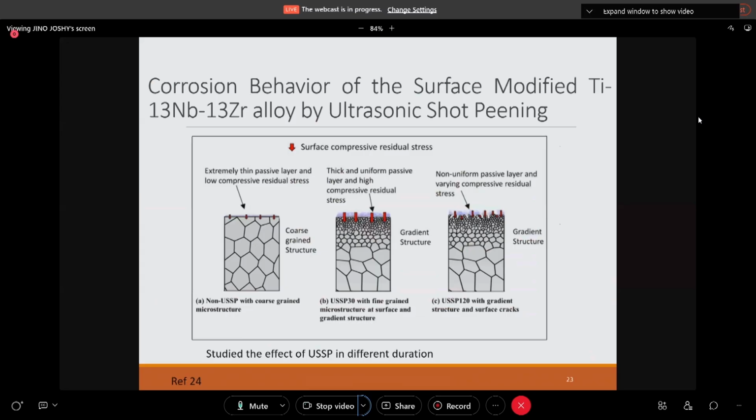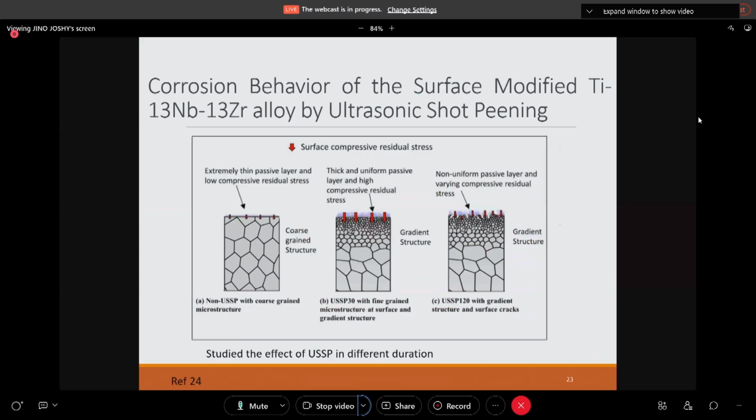Comparing the 0 and 15, in the 15 sample the grain refinement effect was minimum, but there was a surface texture or surface roughness effect. Because of that, comparing the as-received sample and the 15 sample, the 15 sample corroded more.